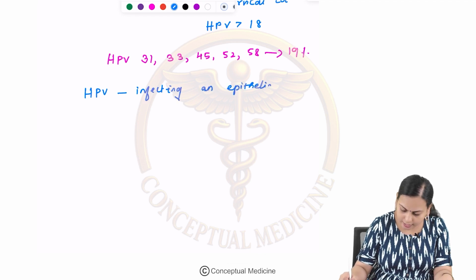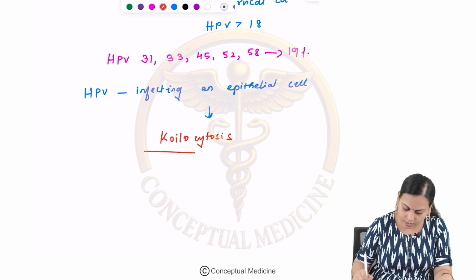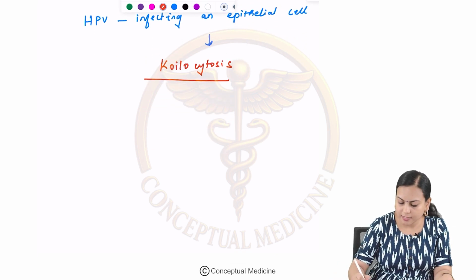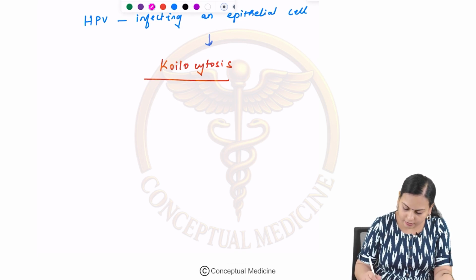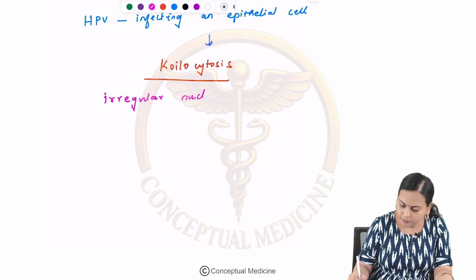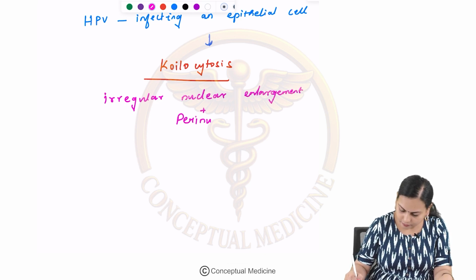There is a change in the epithelial cell which is referred to as coilocytosis. What does coilocytosis mean? There is irregular nuclear enlargement plus there is a perinuclear halo.